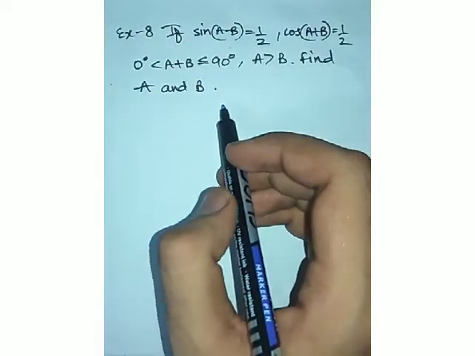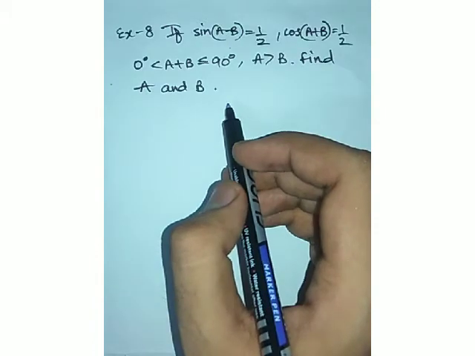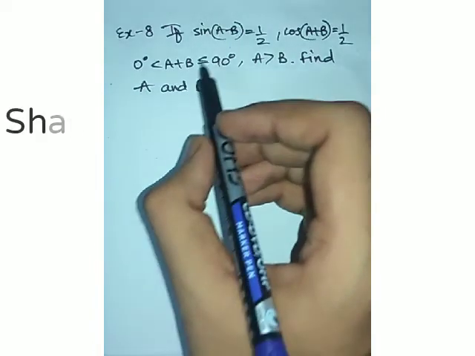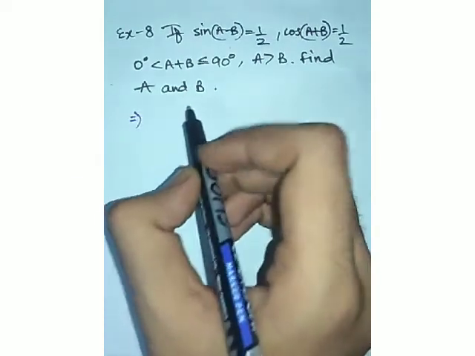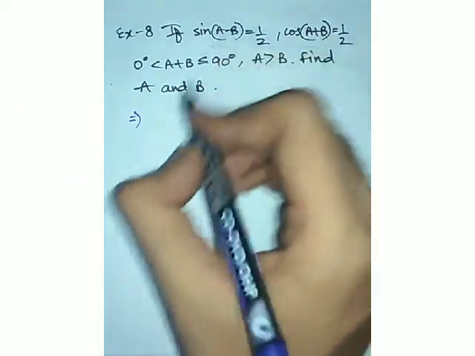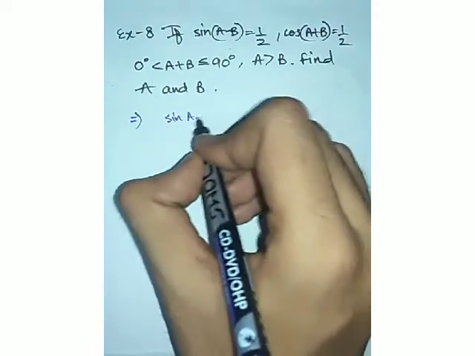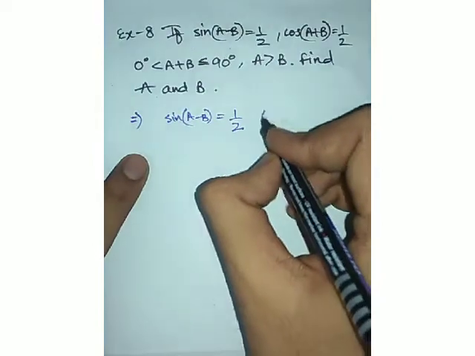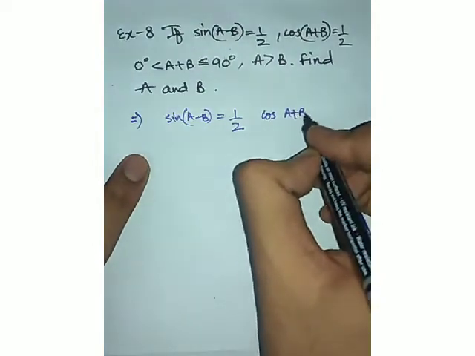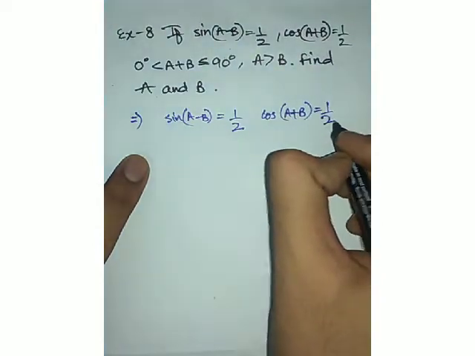This is the 8th and concluding example of exercise 8.2. You can see that there is no diagram included, only algebraic calculations. So sine of (A minus B) is equal to 1 by 2. Similarly, cos of (A plus B) is given to be equal to 1 upon 2 again.